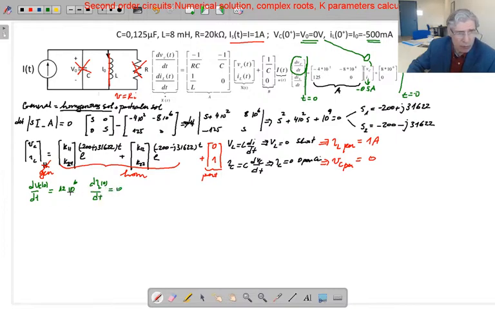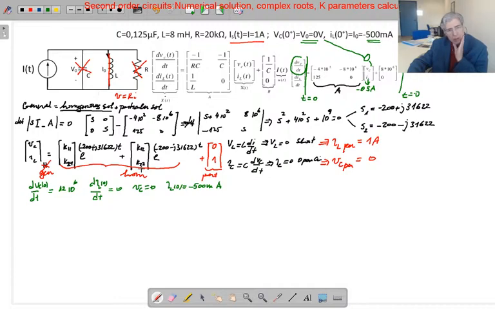So these are the derivatives' initial conditions, and VC(0) equals 0 from here, and IL(0) is minus 500 milliamp.